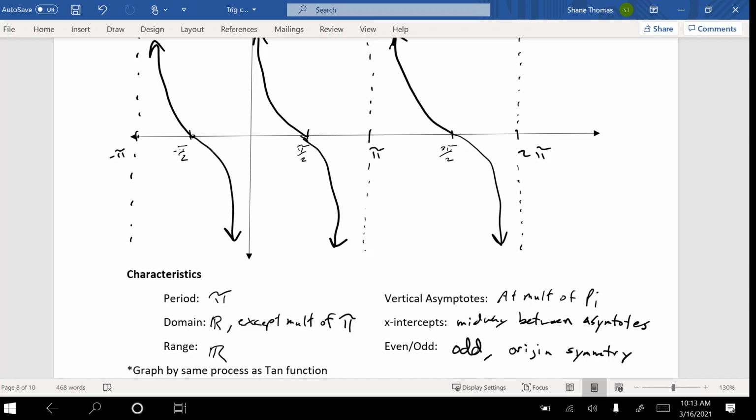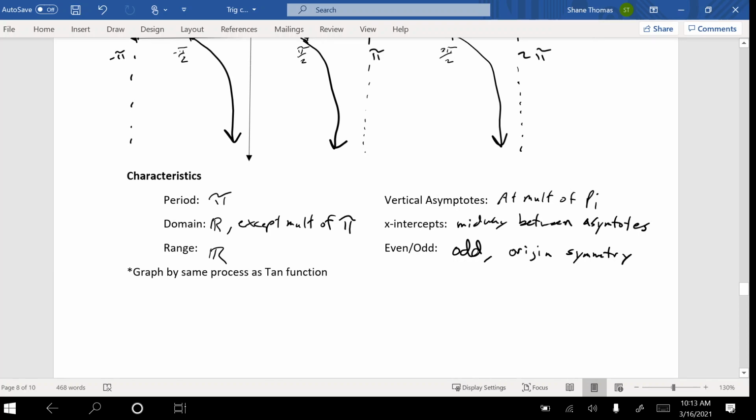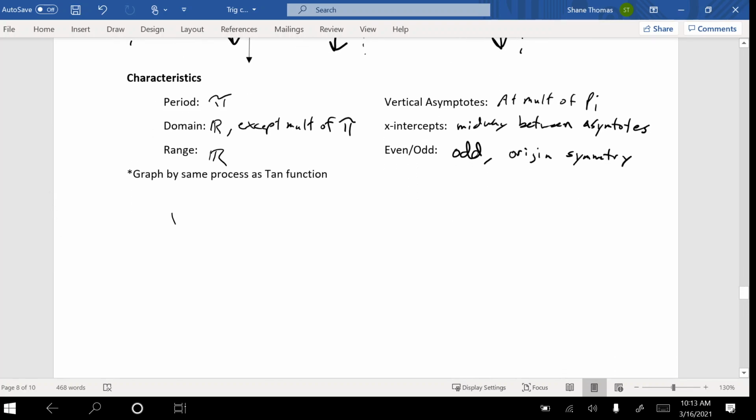All right, and then if you were going to graph this, you would want to graph it using the same process as you graph the tangent function. Remember that 4-step process? Just for a reminder. Step 1, find the 2 consecutive asymptotes. You do that by taking negative pi over 2 is less than bx minus c is less than pi over 2, simplifying it so you get x in the middle. That's what we did yesterday. Second step is to find your x-intercept, which is halfway between the two asymptotes you just found in number 1.